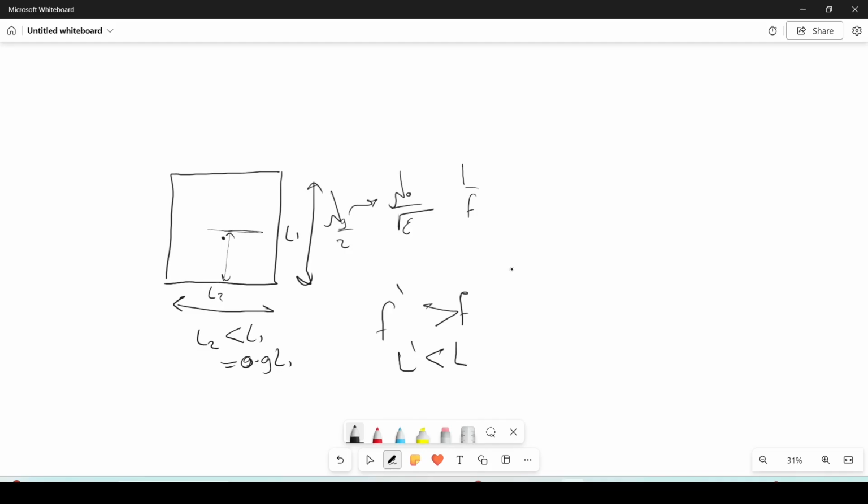In my example, I want to scale to millimeter wave frequencies, so I'll choose F prime to be 3F, something around 30 gig, right?